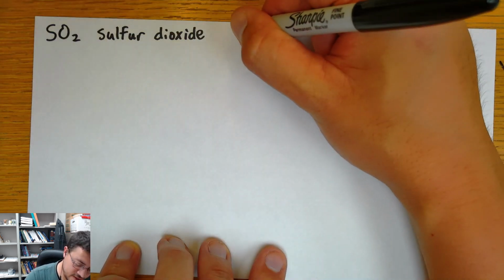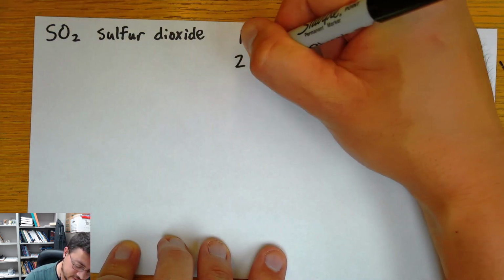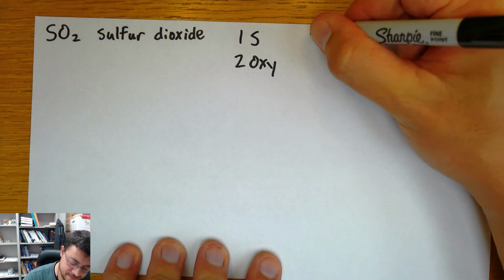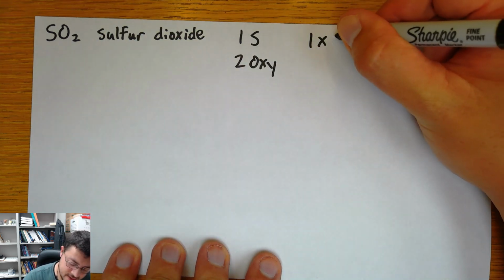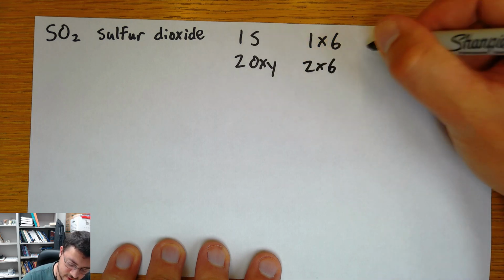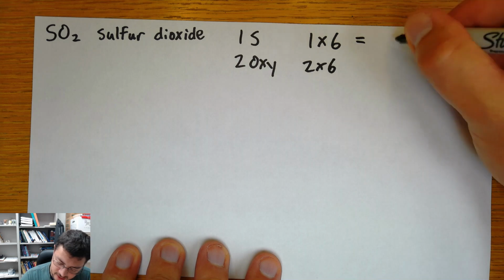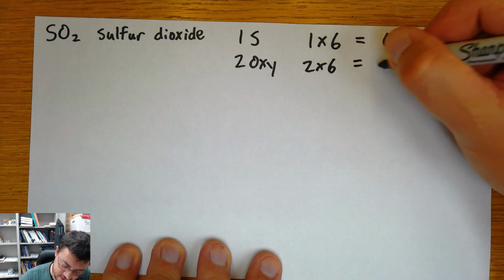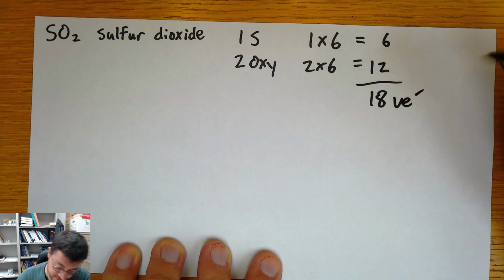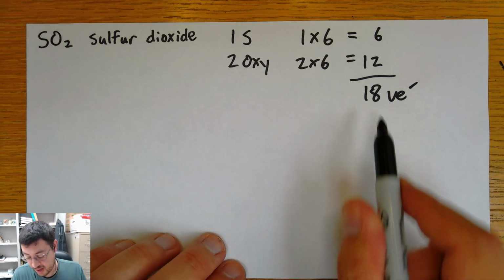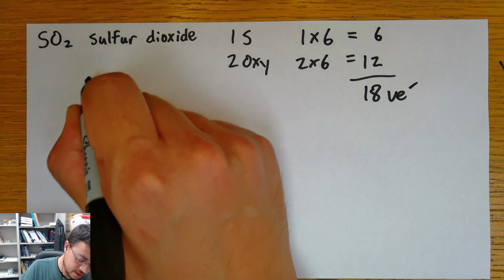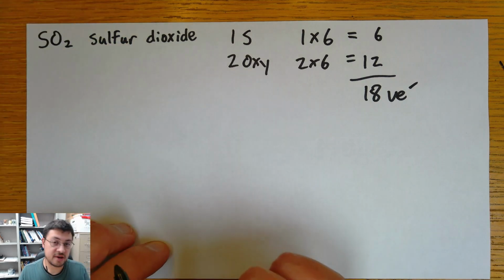So we have 1 sulfur, 2 oxygens, so this is sulfur dioxide. Sulfur is 6. Oxygens also 6. So we get 6, we get 12. All right, 18 valence electrons. Sulfur is going to be a central atom.